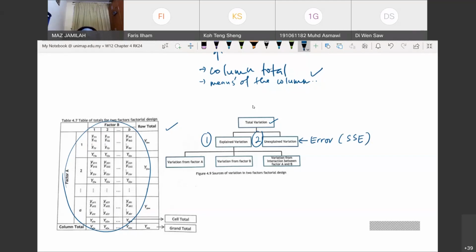And for the explained variation, you will have three. Last time, when we talked about one-way ANOVA, the explained variation came only from the factor.